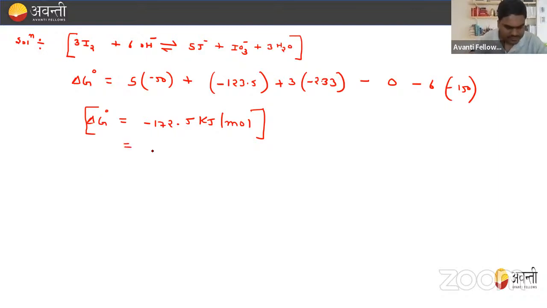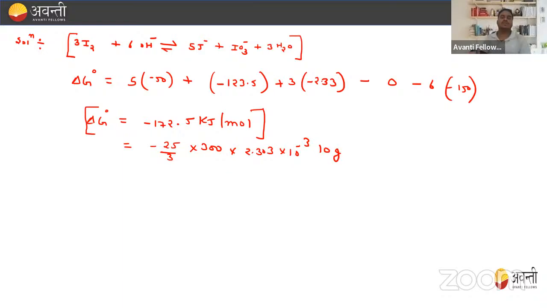Convert this. So how will you convert this, beta? We'll convert this as minus 25 upon 3 into 300 into 2.303 into 10 raised to the power minus 3 log K. So we just put the value of log K, right?